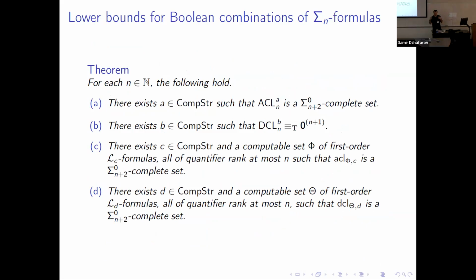So it's not just sigma n plus 2, but it's actually maximally complicated. Likewise, there's a structure where the definable closure is maximally complicated, equivalent to the n plus 1 Turing jump.